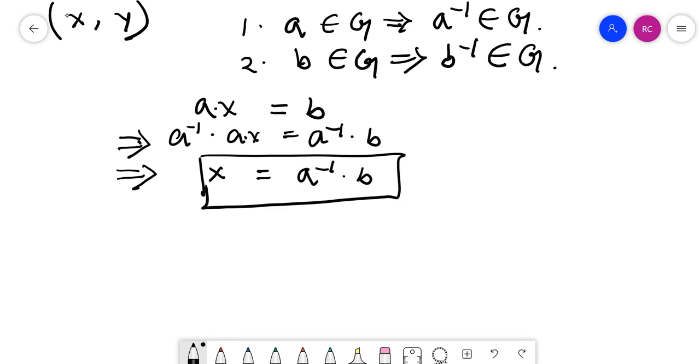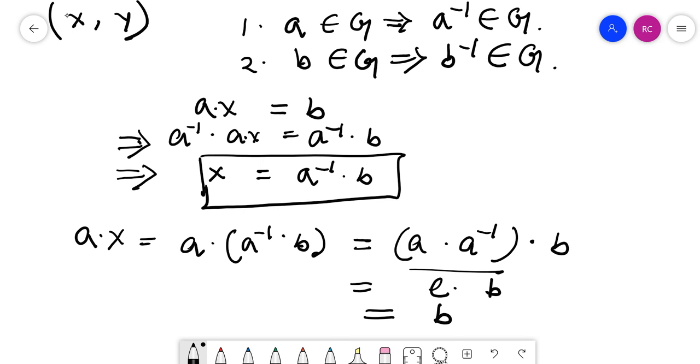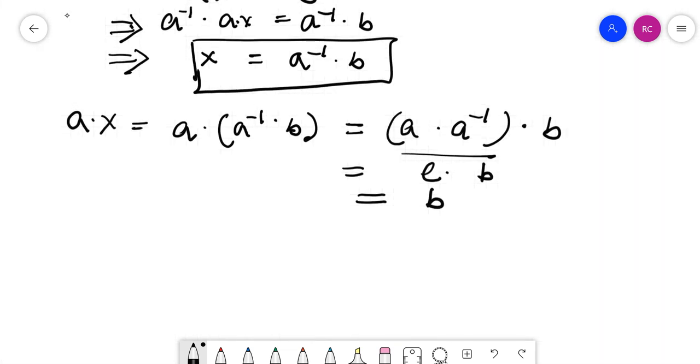Because if we substitute A inverse B in this equation for x, by the associative property, we have A inverse B within brackets dot B, and this is the identity element of G dot B, which is equal to B. So this is definitely a solution. So A inverse B is a solution.